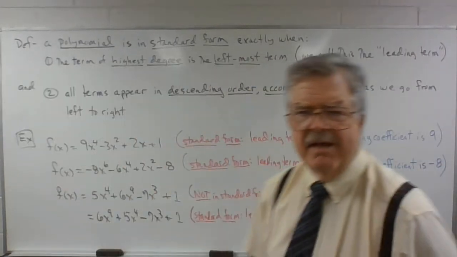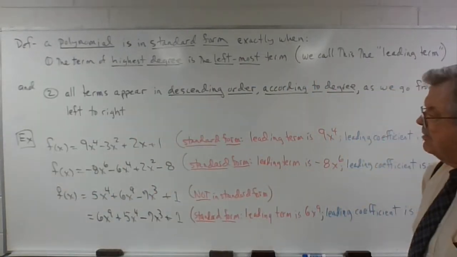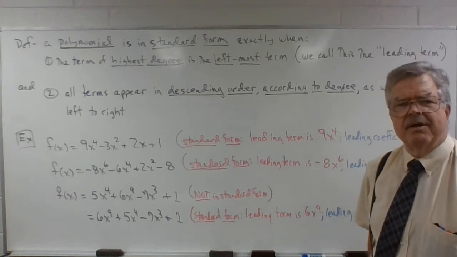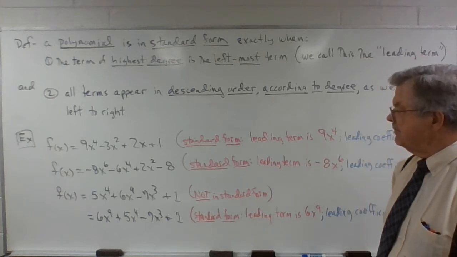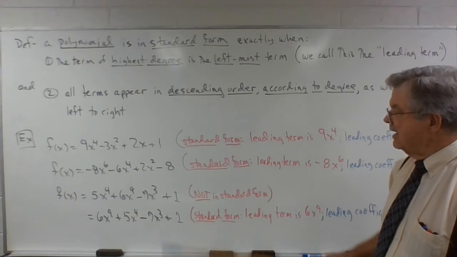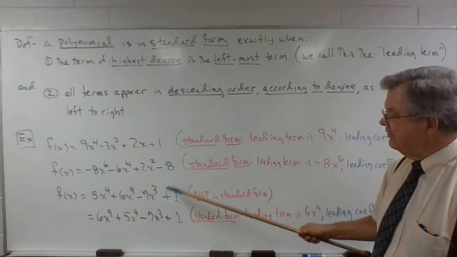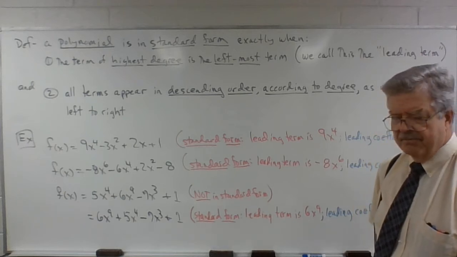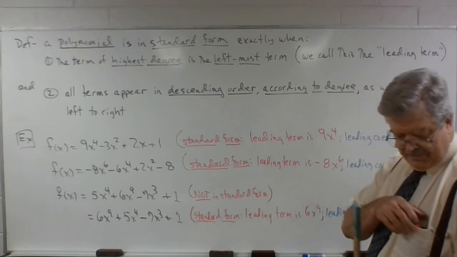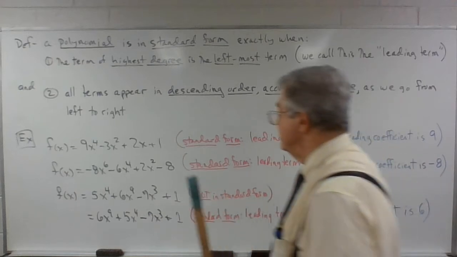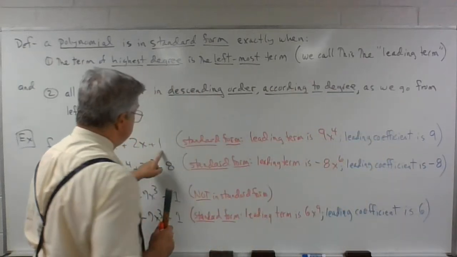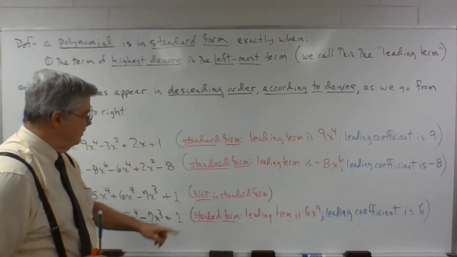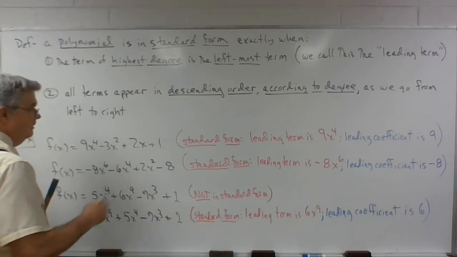Since I have all of these up here, I probably should introduce one other piece of terminology. Each one of these has a constant term. Not all polynomials do. But the term of degree 0, if there is one, is the constant term.